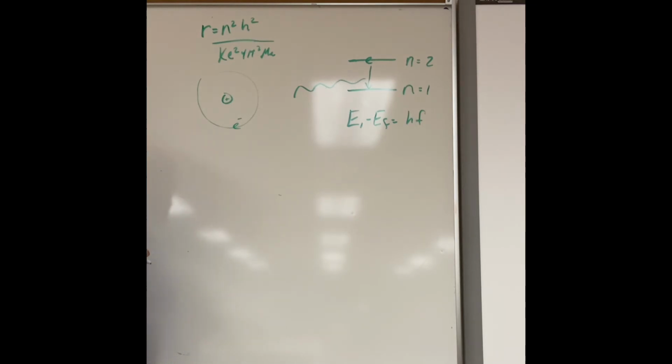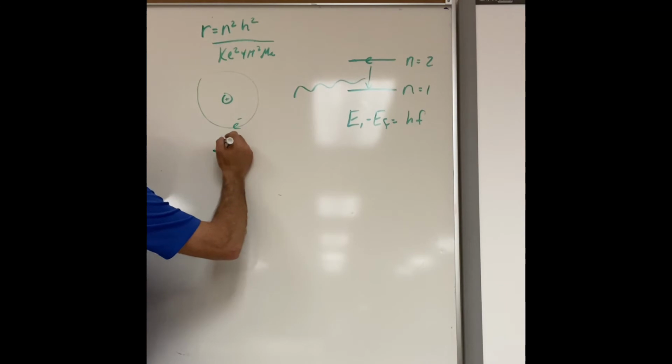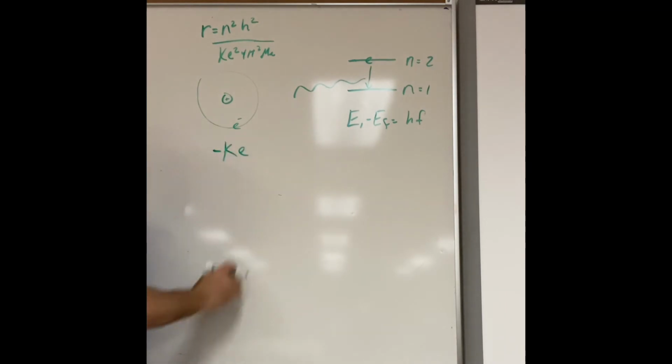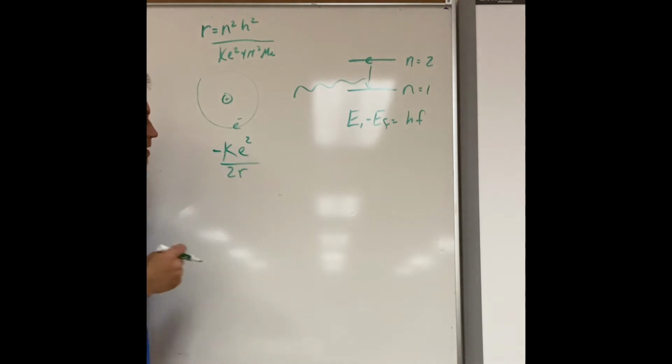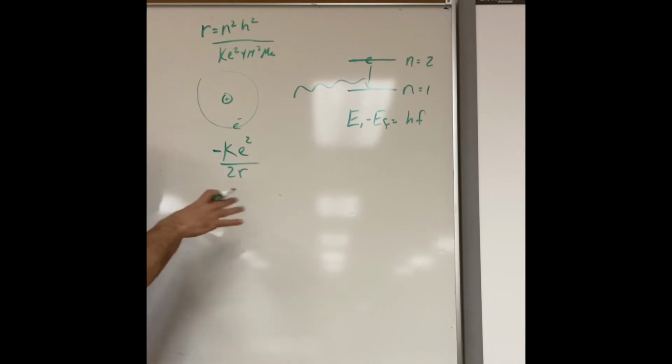So the equation for that, I'm not going to prove this to you, is negative ke squared over 2r, where e is the charge of the electron. We have a similar kind of equation for a satellite orbiting. They have negative potential energy and then they have positive kinetic energy, but their total energy is negative. So the electron has total energy that is negative ke squared over 2r.